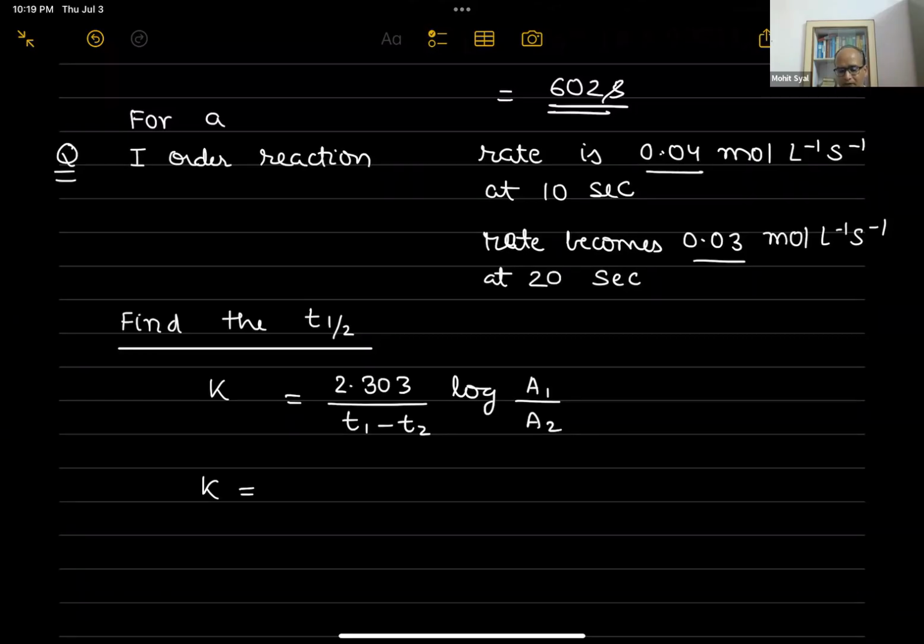Jyotita, how much K did you get? 0.0287 per second. How much have you done this? Log A1 is 0.4 by 3. So I will remove the decimals.